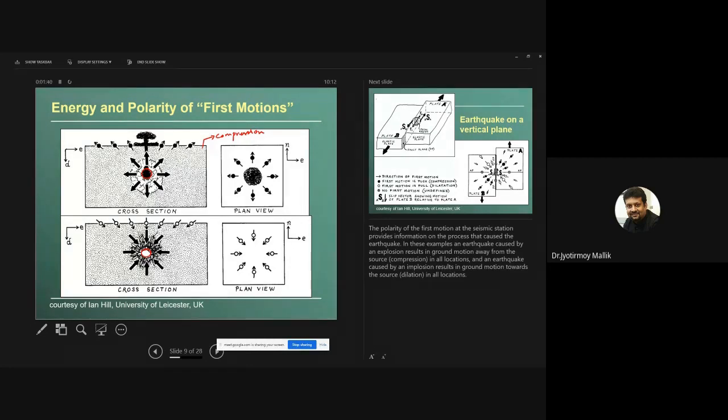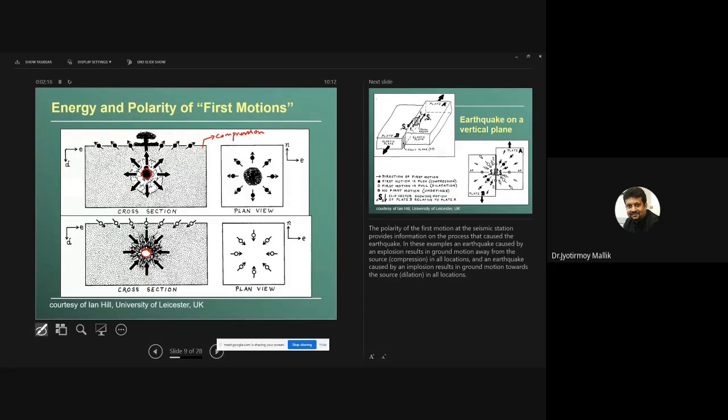Just a moment. Right, so this is created by compression. I said it right.